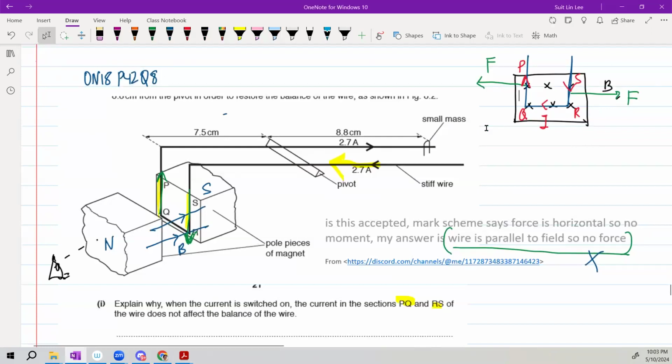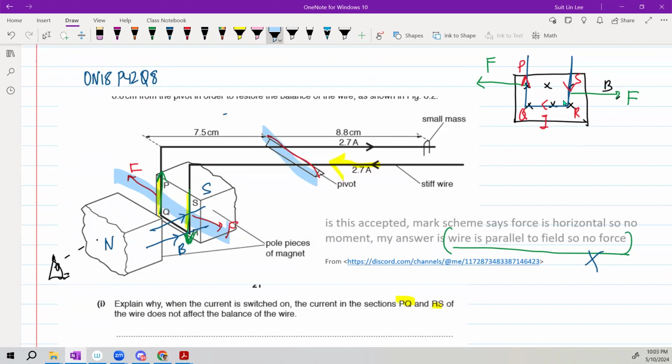And because they are horizontal to the pivot, imagine your force is here, your force is here. Equal magnitude, opposite direction, they cancel out anyway. And at the same time, the pivot is also in this same plane. You can see, same direction.